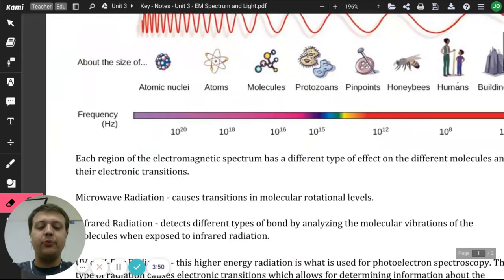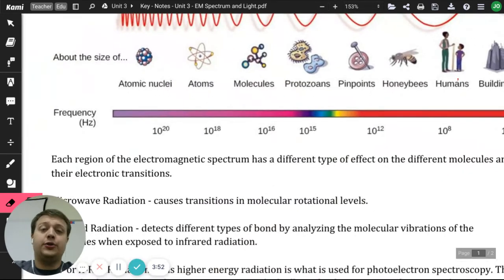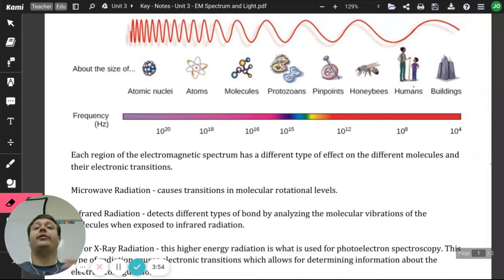Now, for chemistry, the big thing that we are looking at is how this electromagnetic radiation is going to affect an atom. In your previous chemistry course, you should have talked about the effect that light can have on an atom, specifically how electrons move and emit light, and we'll go over that in a second.